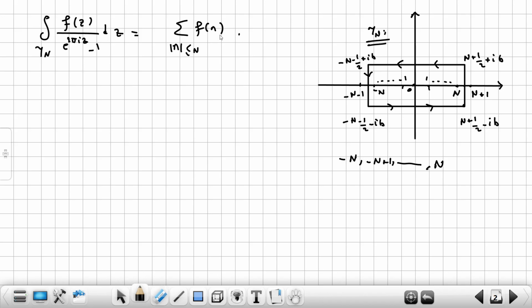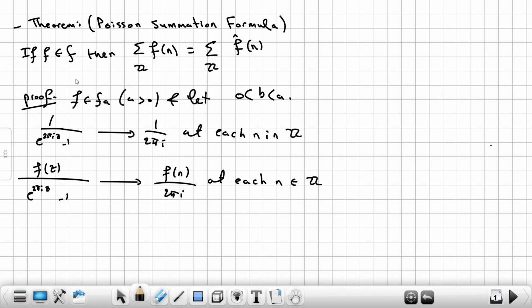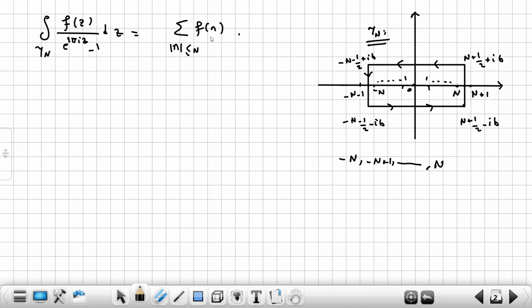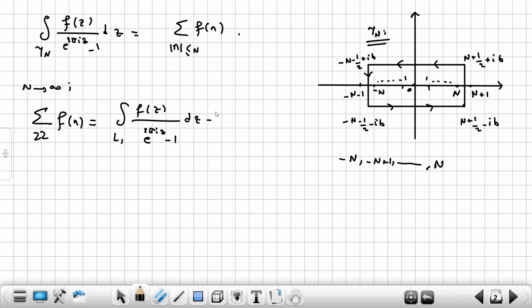Now, since f is of moderate decrease, this series converges, and we conclude, as N tends to infinity, that this series is equal to the integral over L1 of f of z over e to the power 2 pi i z minus 1 dz minus the integral over L2.